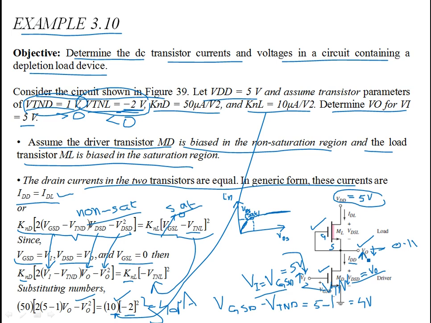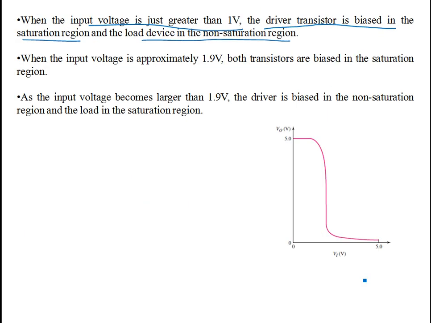A large V naught means VDSD is large, and VDSD large means you are in the saturation region. So the driver transistor, the bottom transistor, is biased in the saturation region.